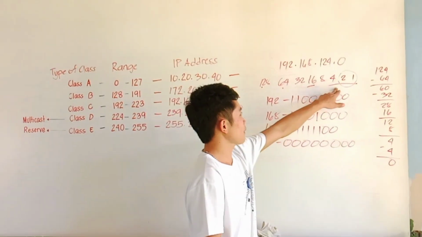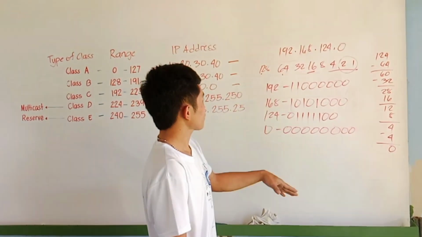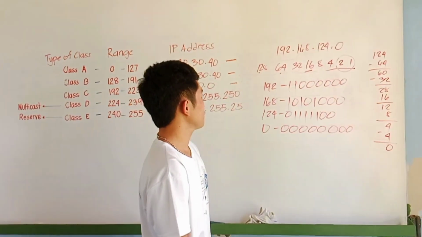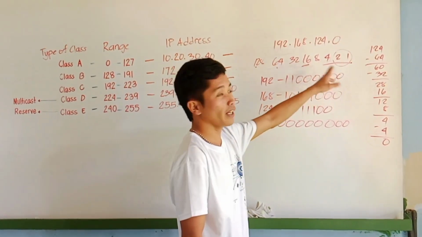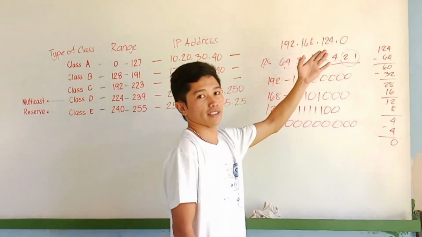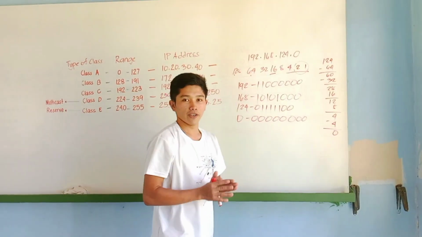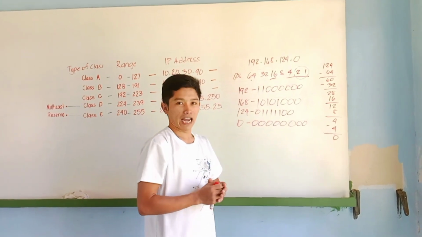We need to use these constant numbers for the IP address because if you use other numbers, you cannot get the binary for this IP address. So that could be all. I hope you learned something from this video and have a nice day.